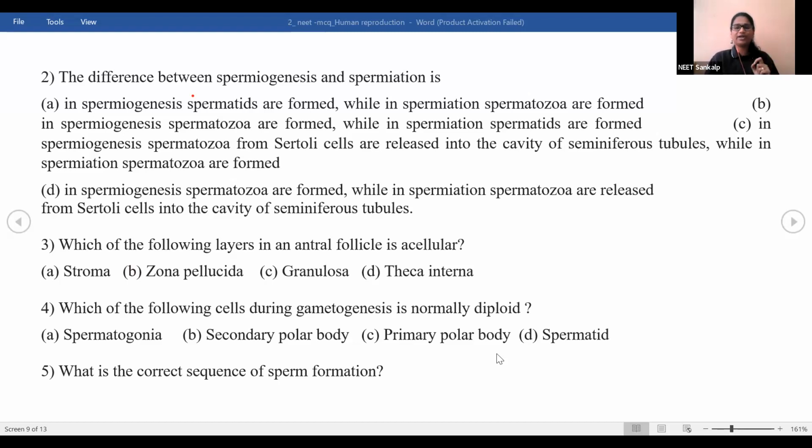Which will be diploid? Jyoti answered it. Manikantha answered it. Priyanka answered it.